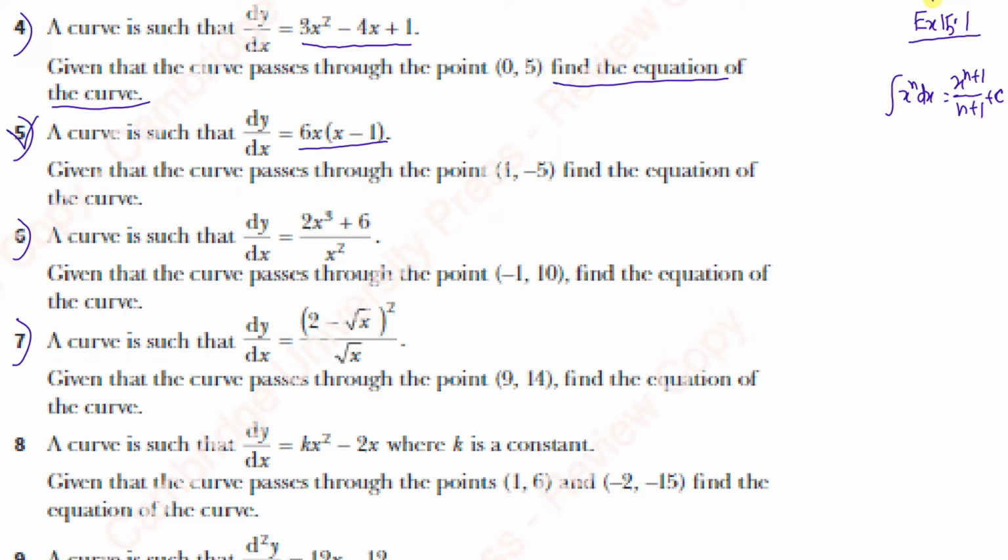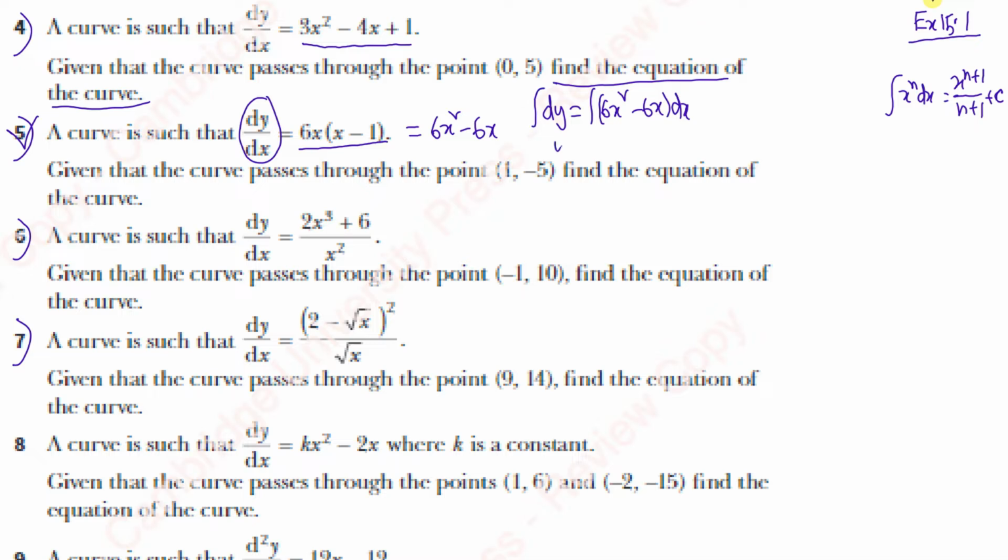It is written here 6, so simplify it. 6x squared minus 6x, if you remove the bracket. Then we can write dy equals 6x squared minus 6x, because this is dy by dx given. Take dy on the left side, dx on the right side, and integrate both sides.